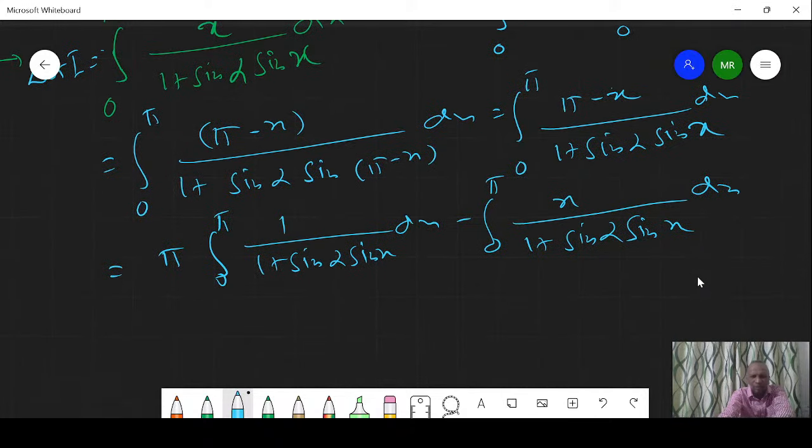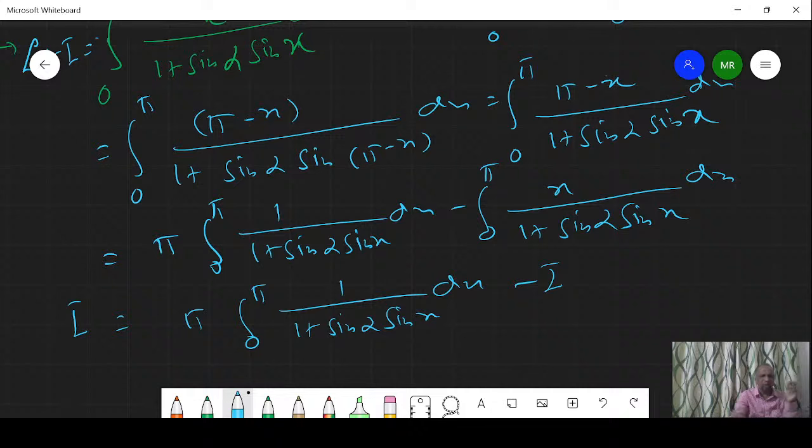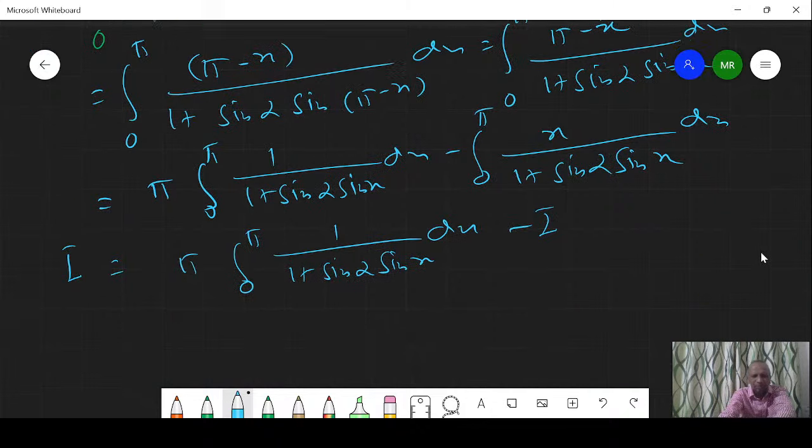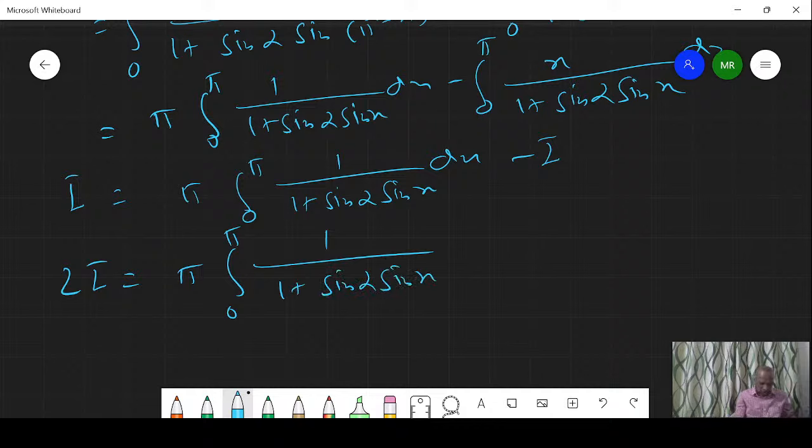Now on the left side we have I, equal to pi into integral 0 to pi 1 by 1 plus sine alpha sine x dx minus I. You transfer this side, it comes 2I. You will get 2I equal to pi into integral 0 to pi 1 by 1 plus sine alpha sine x dx.